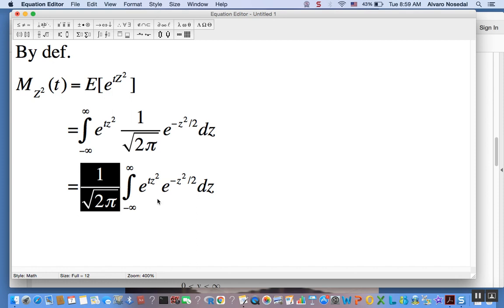That's the first thing that I'm going to do, and then I'm going to combine these two terms, and the one that I am interested in preserving would be negative z squared divided by 2. Well, let me factor out negative z squared.